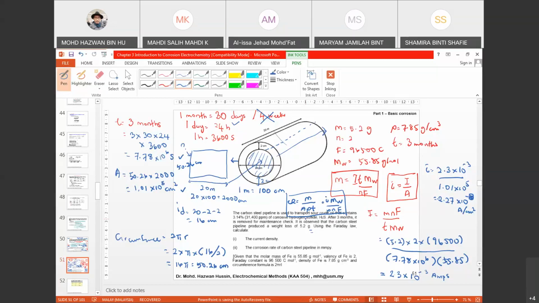Got it? Okay, 8.43 times 10 to the power of negative 13, mm per year.